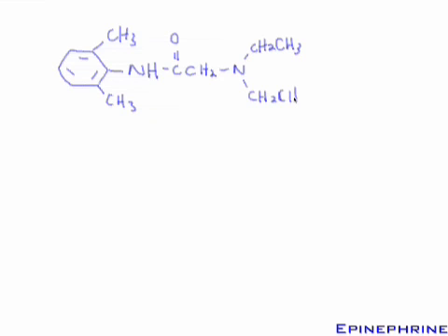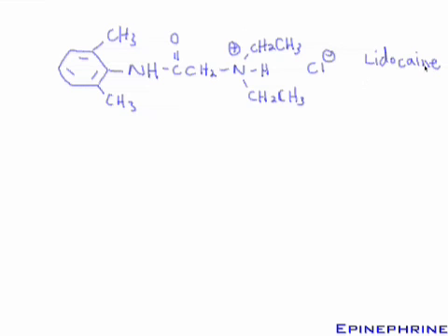And it's often written as HCl, which basically means there's an H attached to its nitrogen, which makes it positive, and a Cl minus. But it's often written as the amine HCl, or the hydrochloride. This material is referred to as lidocaine and is a local anesthetic used in dentistry offices.